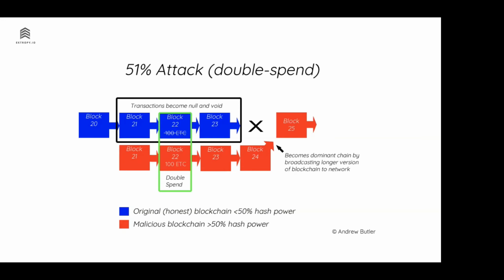And the blue blocks continued being produced, all showing that the state of the system now meant that the attacker had 100 ETC less. But what the attacker was doing while this was happening was producing his own blocks, but he either invalidated that transaction in the block or he missed out that transaction in his version of the blocks.